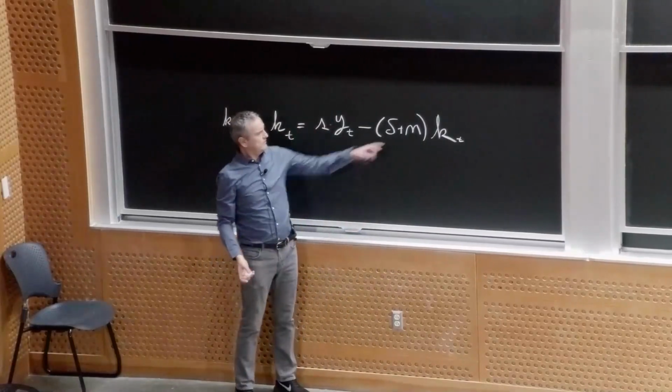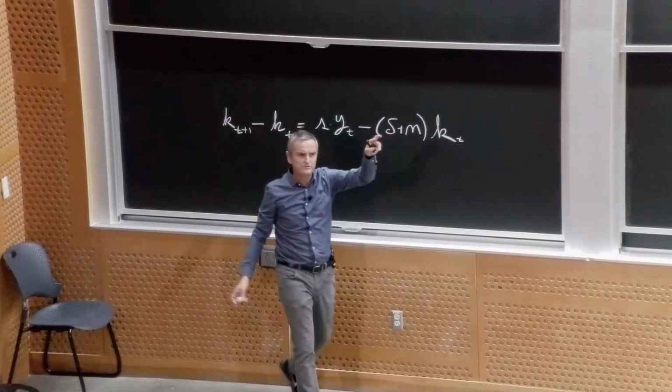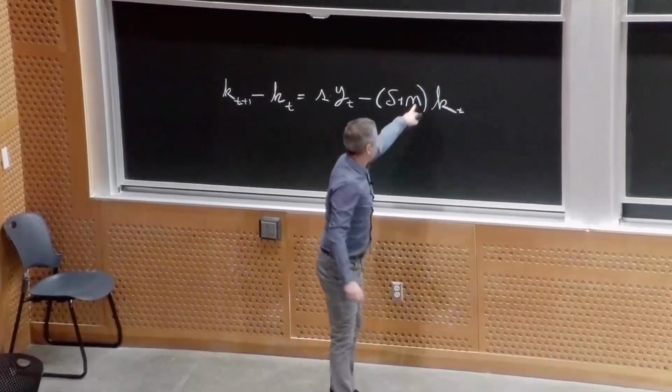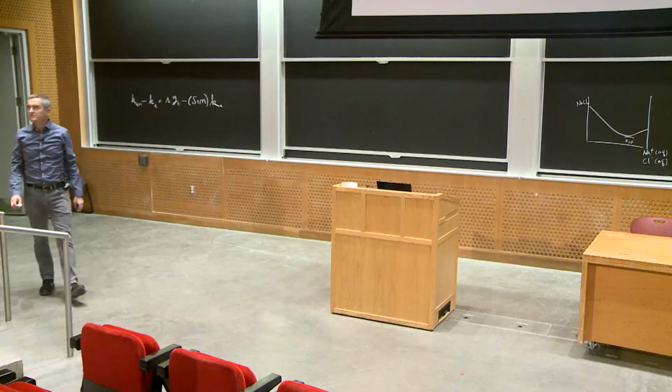Wait, why don't I have a delta plus n plus GA there? Remember that in the previous model I had a delta plus n plus GA there. Did I make a mistake?